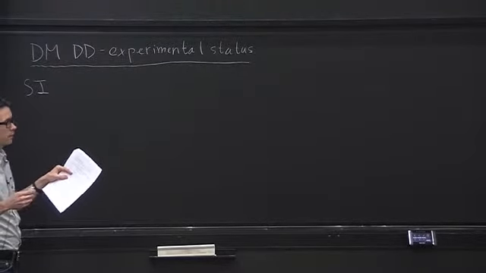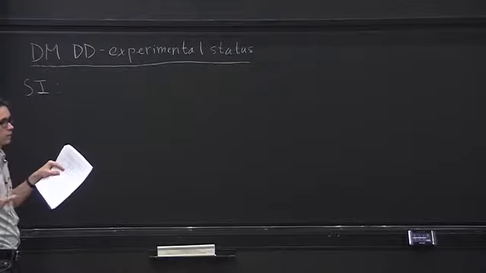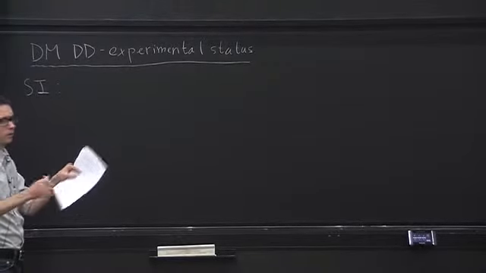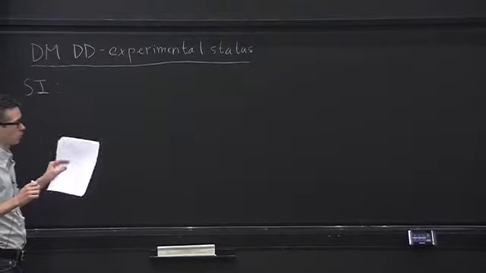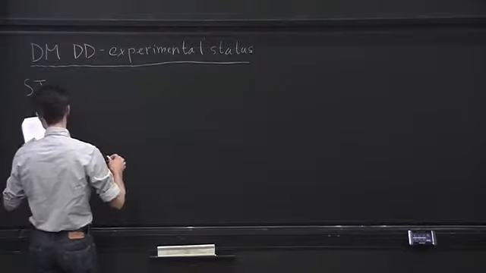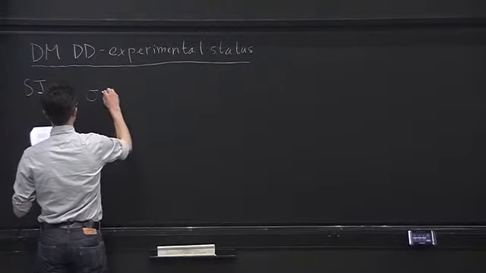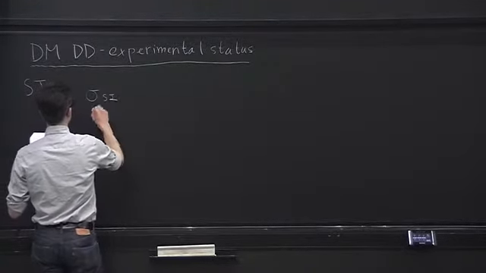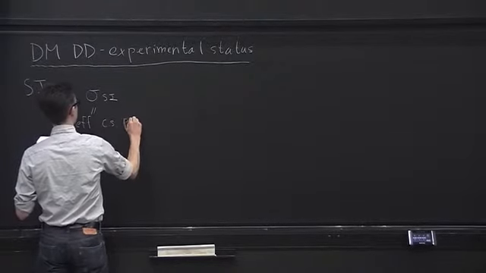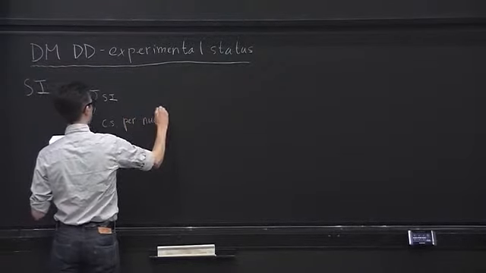And you want to compare these various different experiments with each other. And for that, in a sense, you want to factor out the dependence on the individual nucleus. And you just want to get a net effective cross-section per nucleon that lets you compare the results of one experiment to another experiment. So for that, one defines an effective spin-independent cross-section. You can think of this as an effective cross-section per target nucleon.